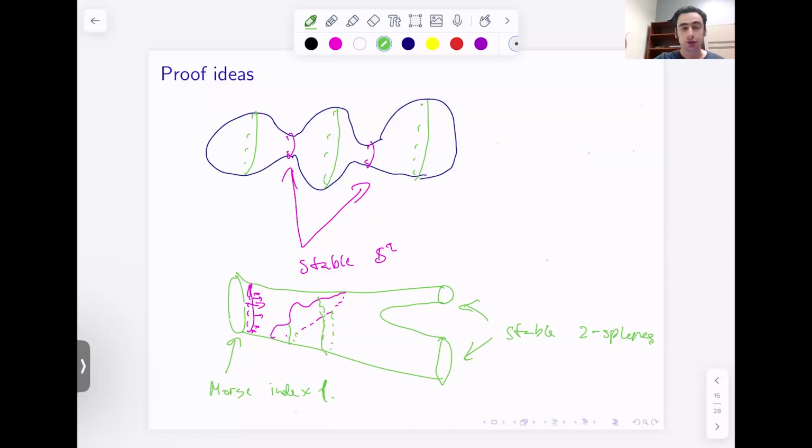And then when they become too long, we cut them again and restart the flow. And we can show that eventually it foliates everything, but also the extrinsic diameter of that will be controlled. So that's the main idea of the proof here.